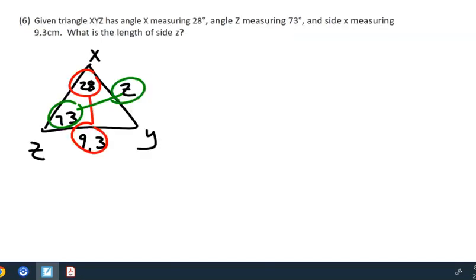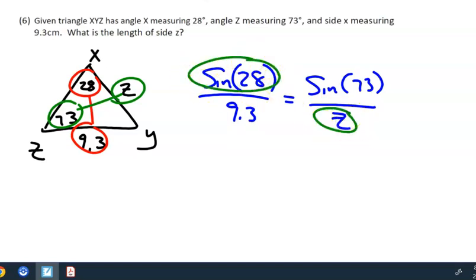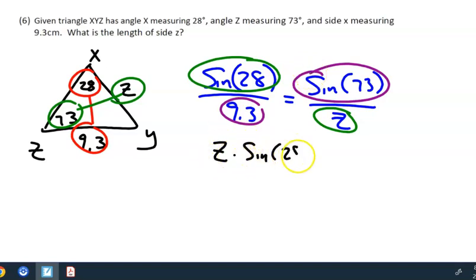All right, so this problem here, sine of 28 degrees over 9.3 is equal to the sine of 73 degrees over side Z. So cross multiplication with the two greens and the two purples. So Z times the sine of 28 degrees is equal to 9.3 times the sine of 73 degrees.